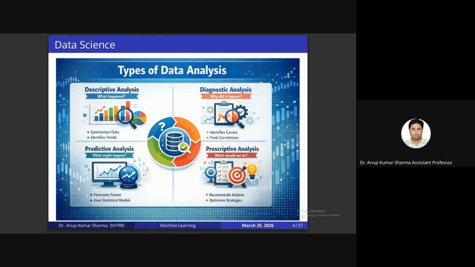Data science means there are data frames, the data, in different formats.